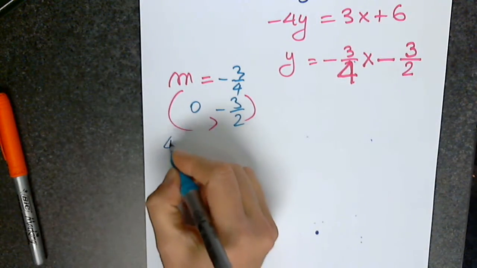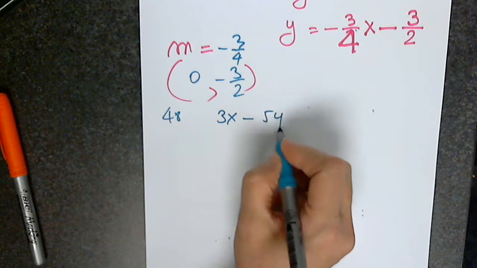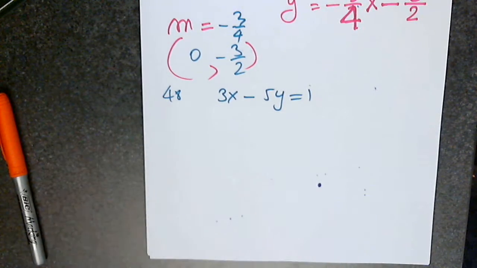Let's say 48, which is 3x minus 5y equals 1. We're asked two things. We're asked to find the slope and the y-intercept.